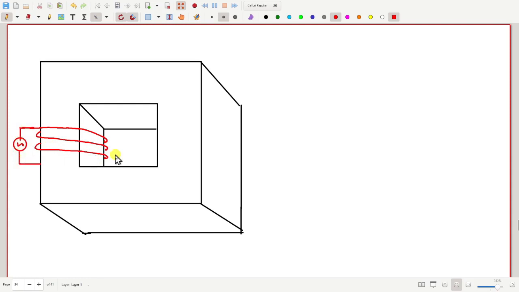I am not drawing the secondary coil because I need some space for drawing other things. Now we told you that this core is not made in a single piece. It is made up of many small slices. We call them laminations, like this. This is one slice, and so on. There will be many more.